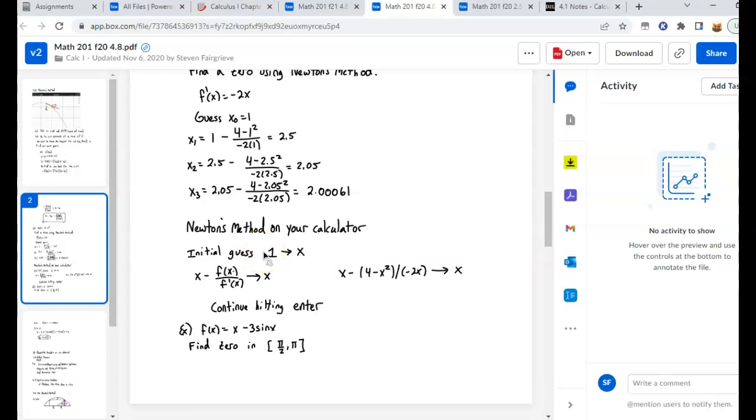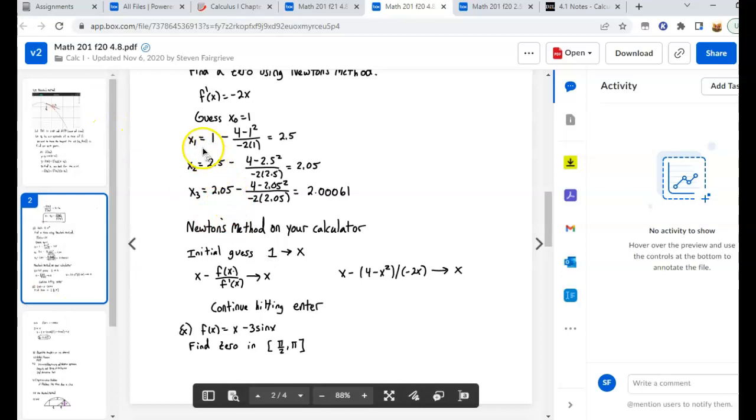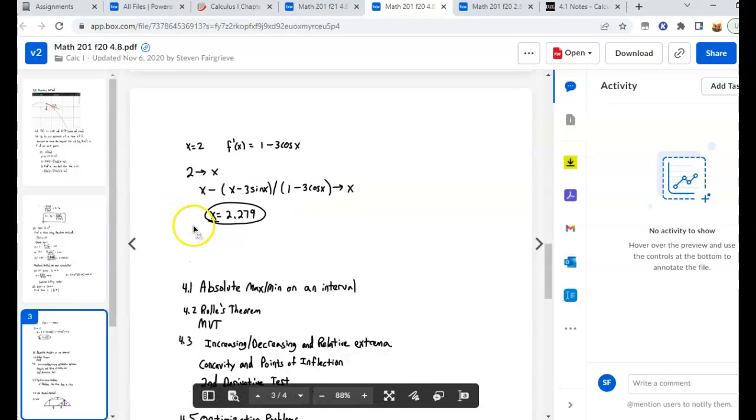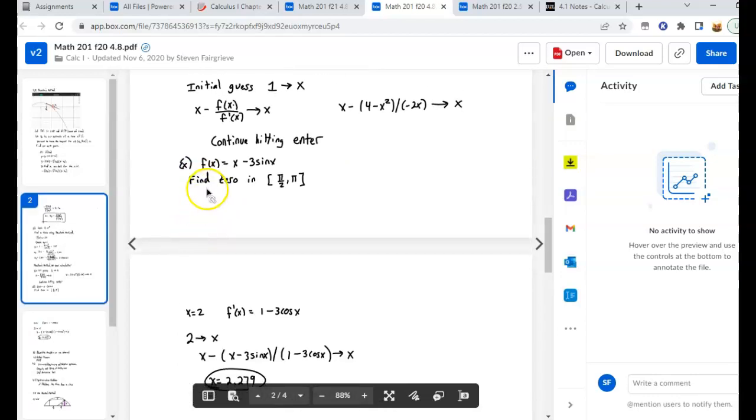If you run into an issue where you have the right process, but because of how the computer grades it, it's looking for you to round a slightly different way or something, and if that comes up as an issue, yeah, as long as you're showing me your work and I can see that you know how to set up Newton's method, what the function and derivative are, kind of as we did here, right?